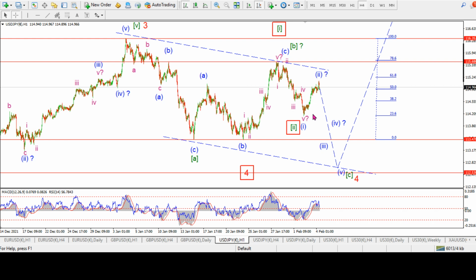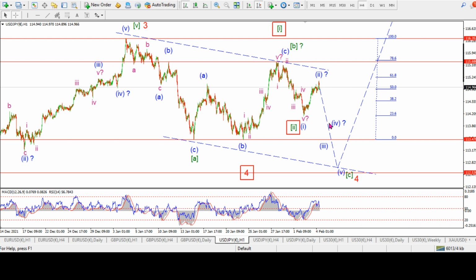Now we've got a 1-2 scenario off the wave B high. So we could be moving into a third wave decline today. With a bit of luck, maybe it could wait until Monday. There's no immediate reason why it should happen today, but the 1-2 pattern is in place.